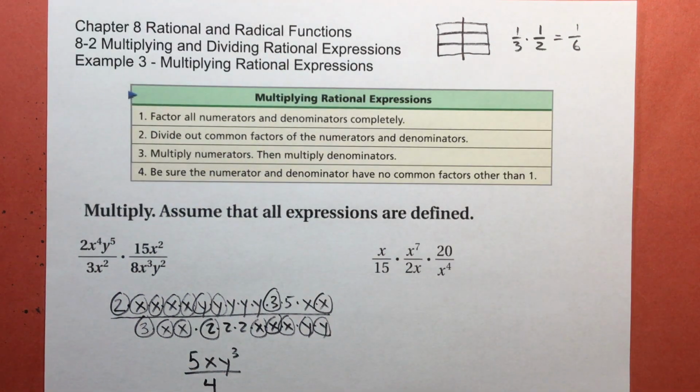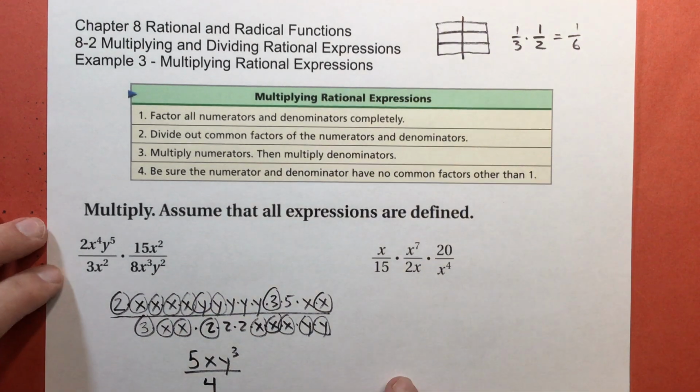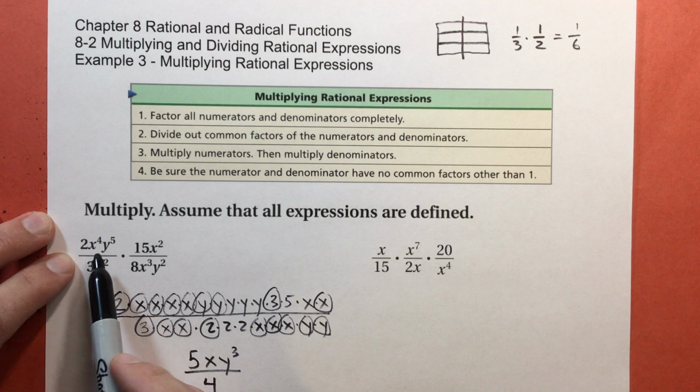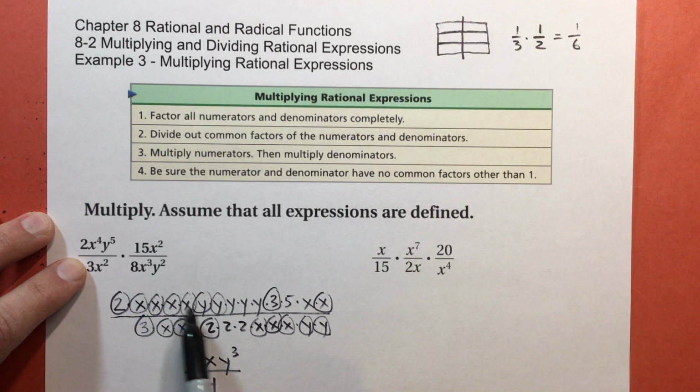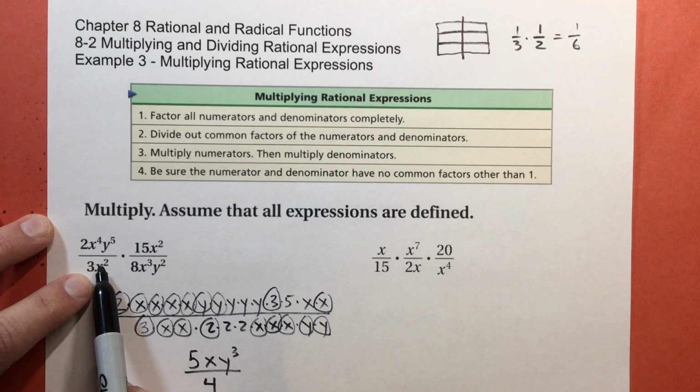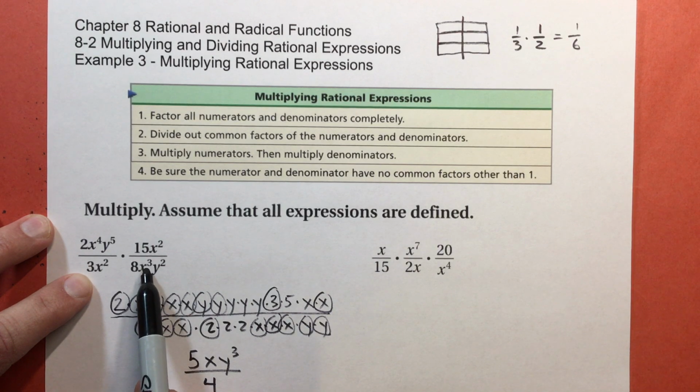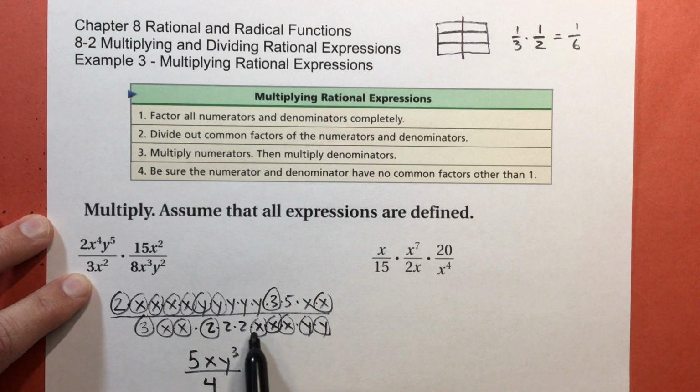Now, is there a shortcut for doing this? Probably. If I add 4 plus 2, I get 6. And if I add 2 plus 3, I get 5. And 6 minus 5 equals 1.